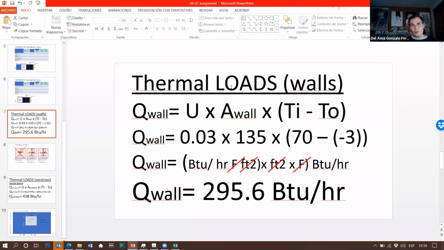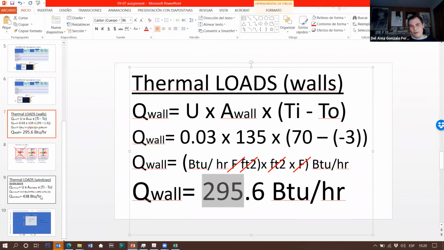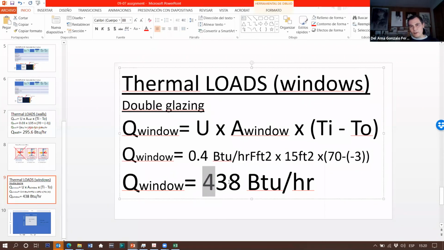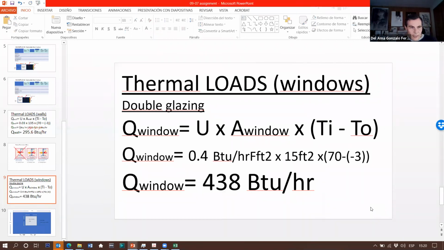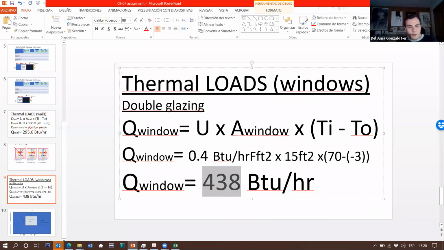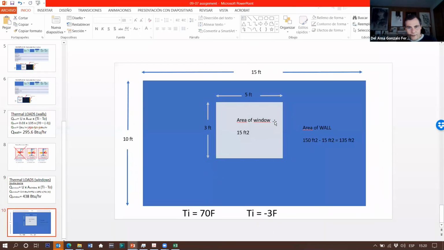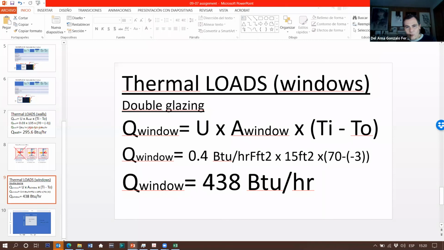So the thermal load through the wall is 295. Thermal load through the window is 438. What catches the eye here? That we are losing a lot of heat through the window. Although the area is lower, we are losing a lot of heat through the window.